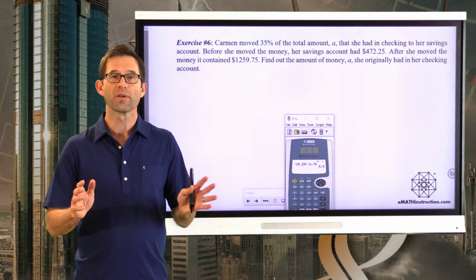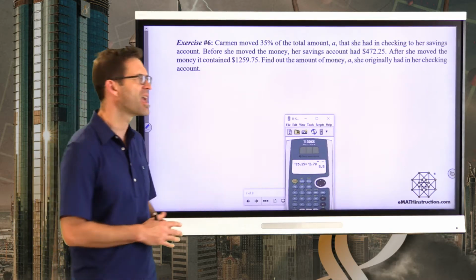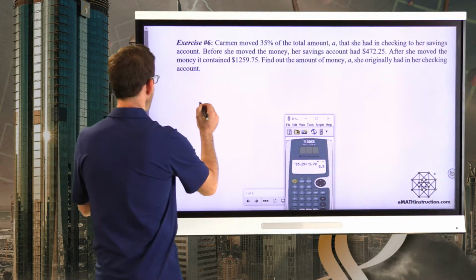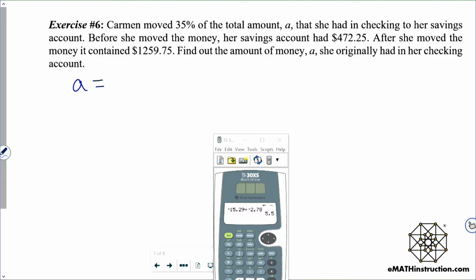Well, let's review something very basic. Let's just say that she originally had, I don't know, let's say that she had $600 in her checking account. I really hope that's not the final answer, right? How would we find 35% of that, right? 35% of this number. Well, remember, we find a percent using a multiplication problem by doing 0.35 times 600.